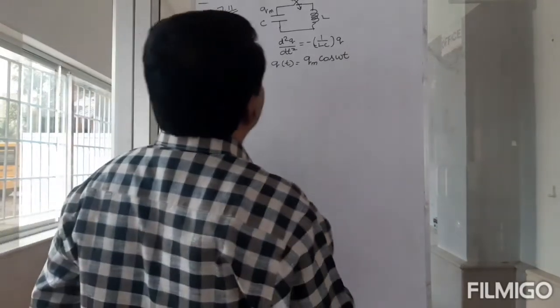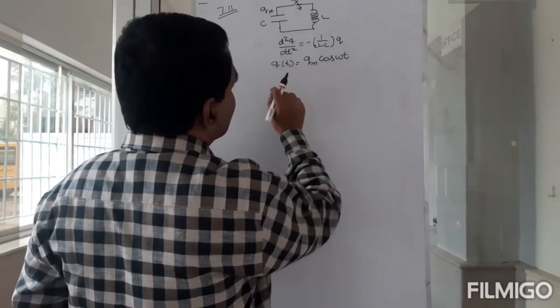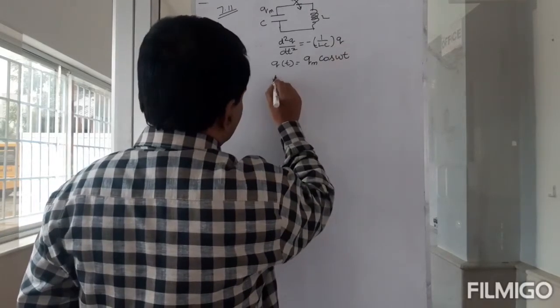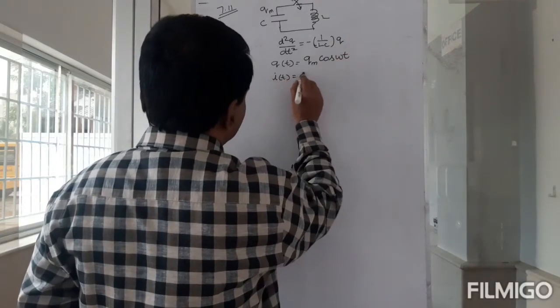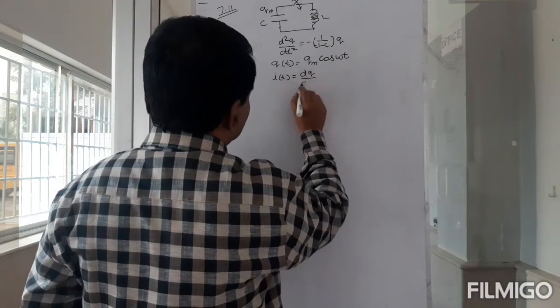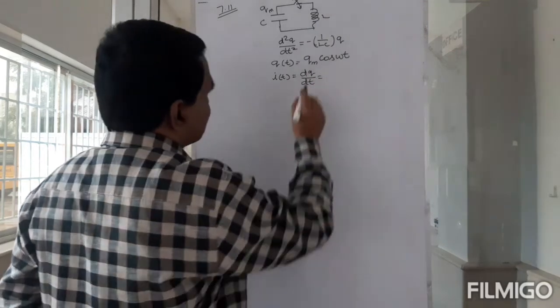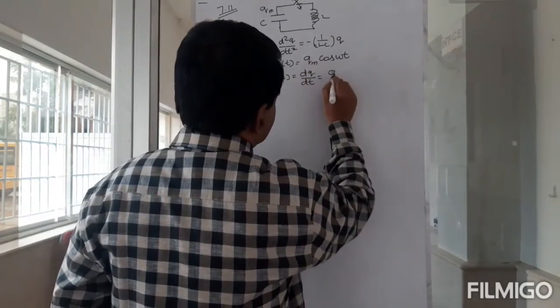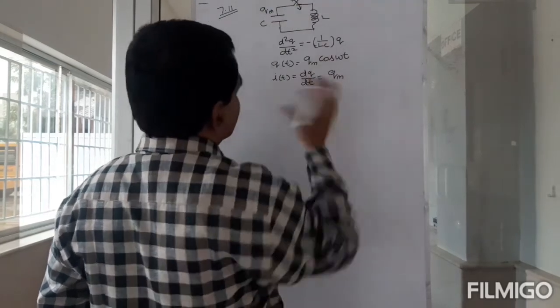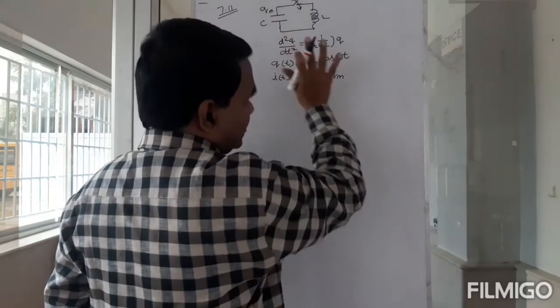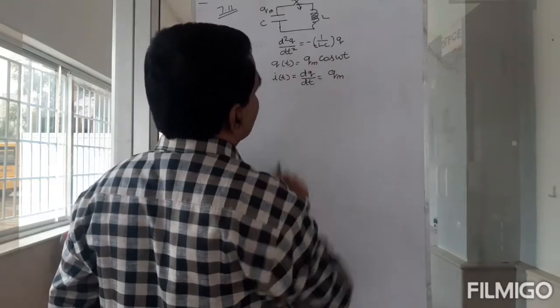And now, if q is this, what is the current at any time? I of t is equal to dq by dt, where qm is a constant maximum charge. That doesn't matter. That's the maximum charge, right? So you started with that value, qm.